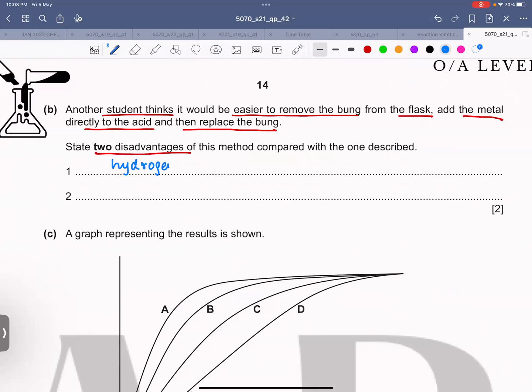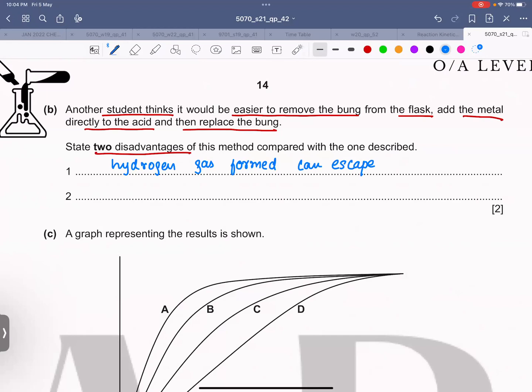So the hydrogen gas formed can escape, only obviously a little amount. So if we press the bung to close it, then the air that is over here would be moved towards the measuring cylinder.